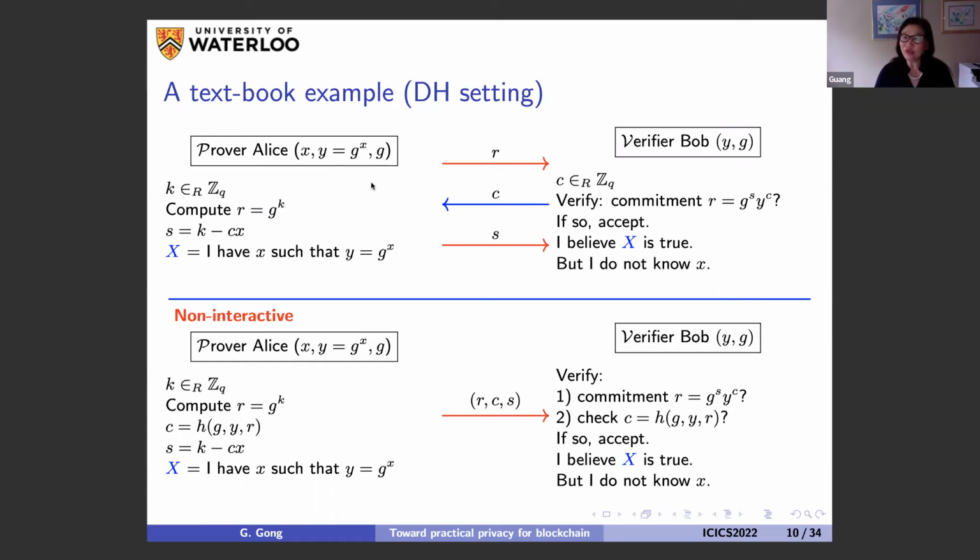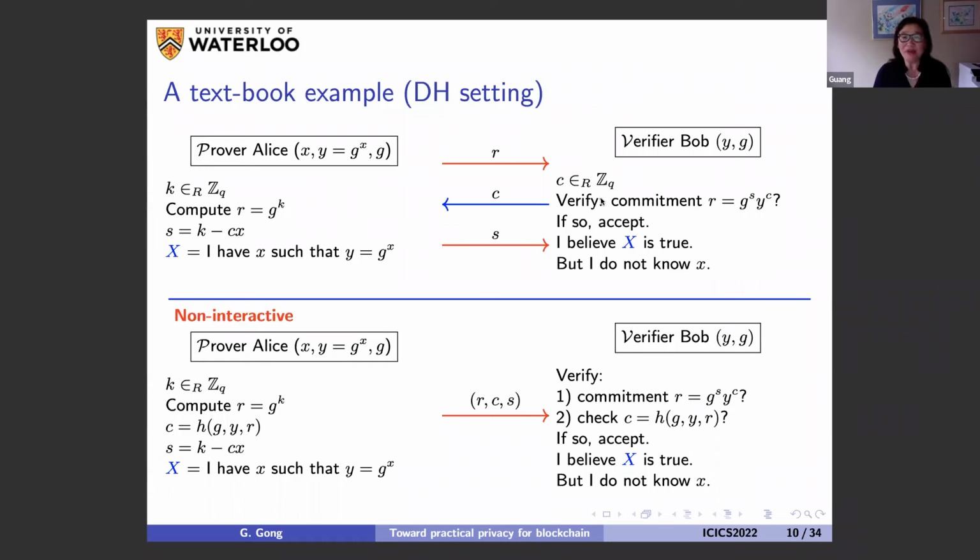There are two ways to do this. The upper part is the interactive way, the lower part is the non-interactive way. For the interactive way, she first sends R, which is computed as G to the K, where K is randomly chosen, so R is a random number.